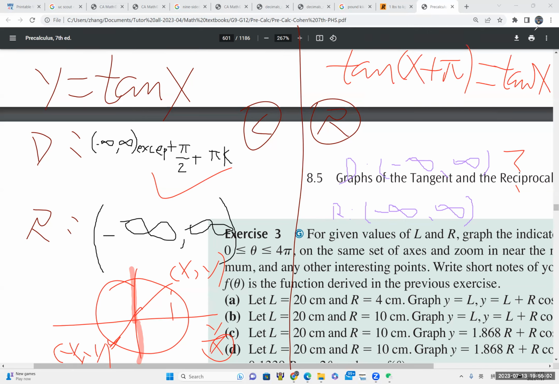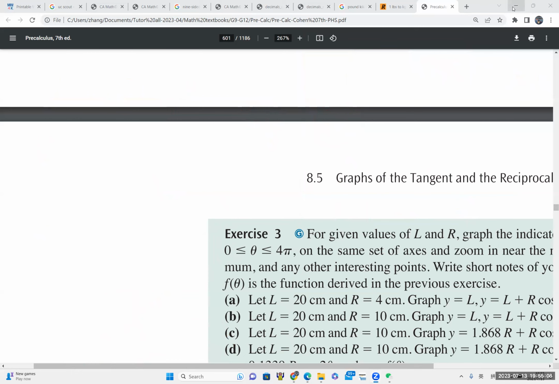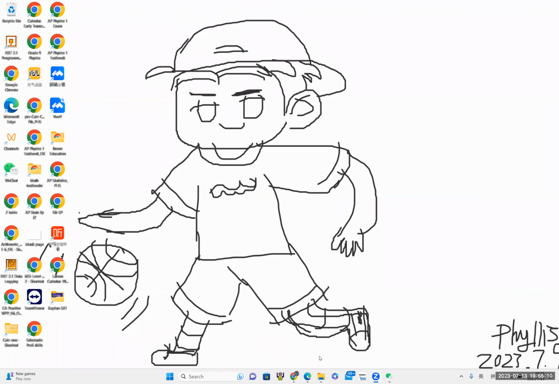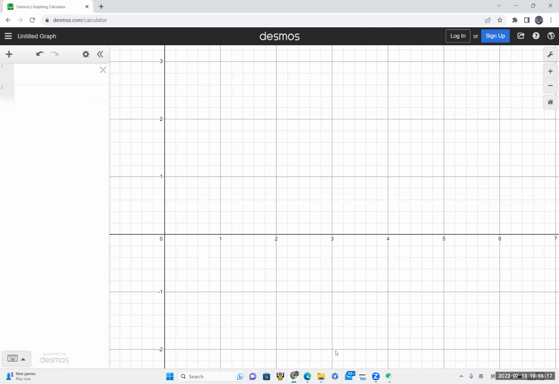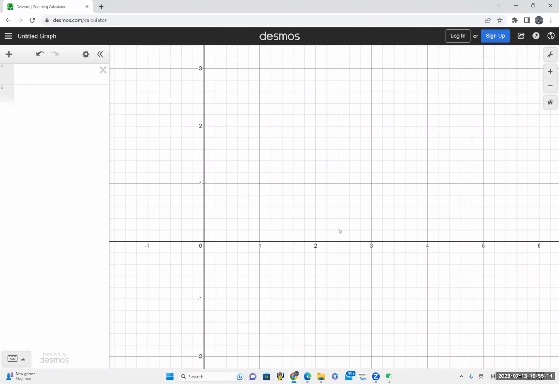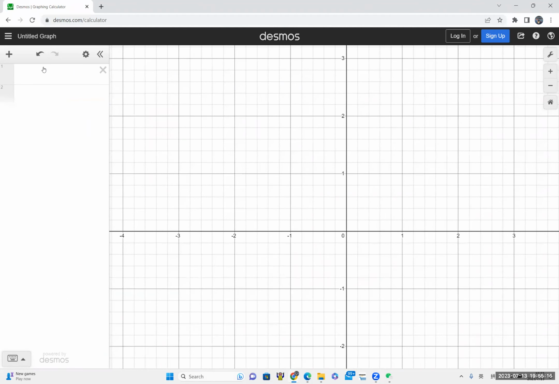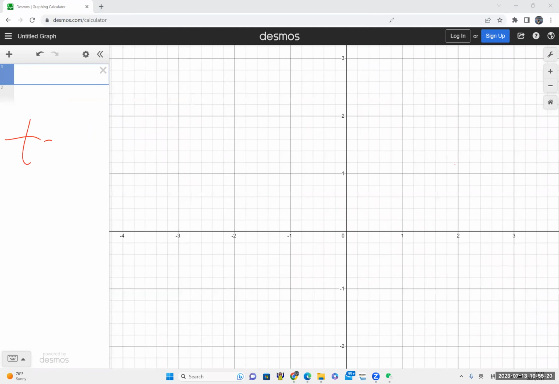Then if you want to draw tangent, let me clear all this. Let's go to decimals. To draw y equal to tangent x, you just need to find the period.